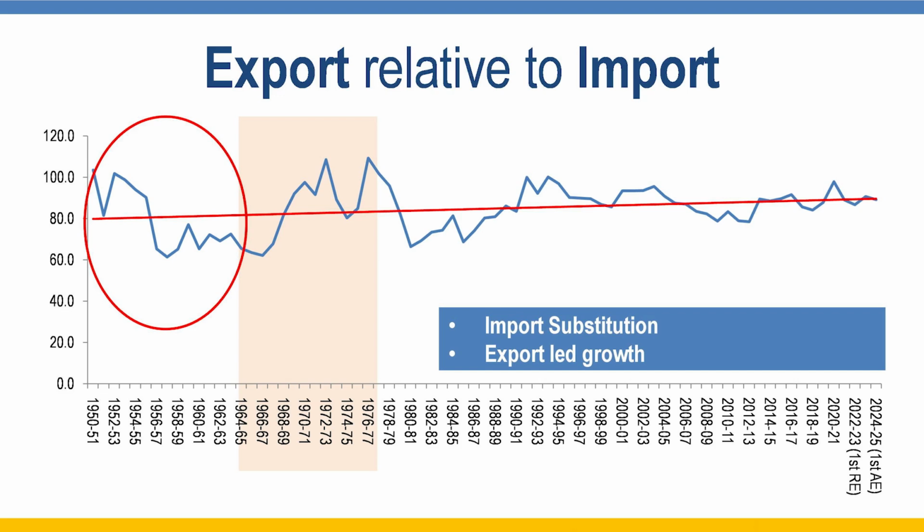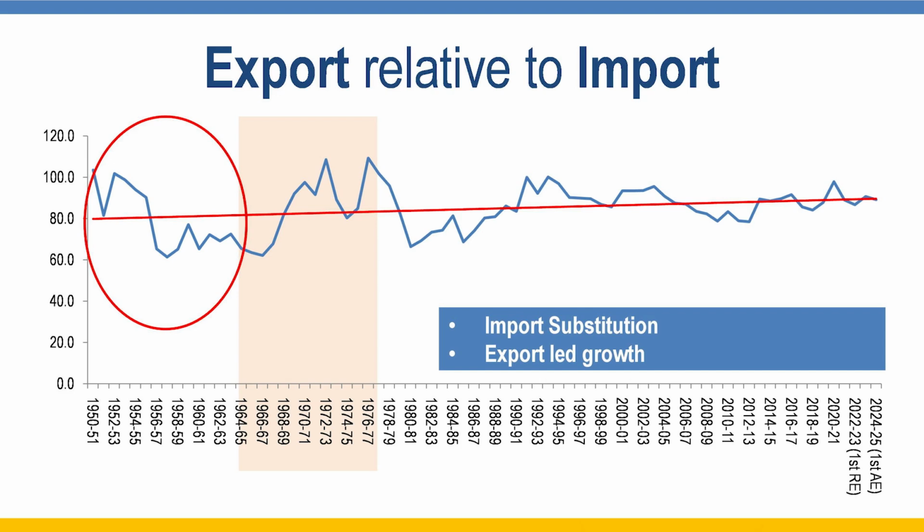You have this value from 1950 to 2025, and you will see a marginally upward trend. In the initial phases, during the basic and capital goods industries expansion period, till the mid 60s, this ratio was actually declining, because import was more.